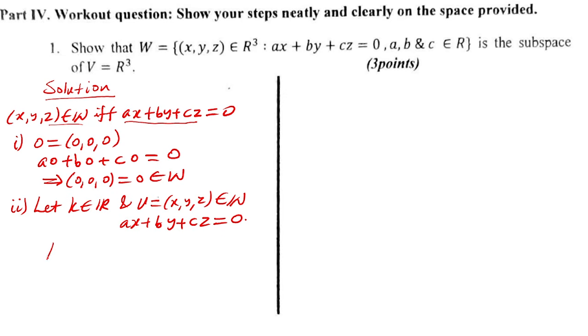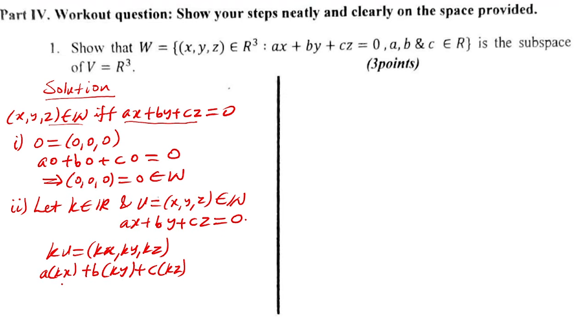Now what about ku? ku means kx, ky, kz. Does it belong to W? So we have to check that akx plus bky plus ckz, if this value becomes 0, then we conclude ku is an element of W.